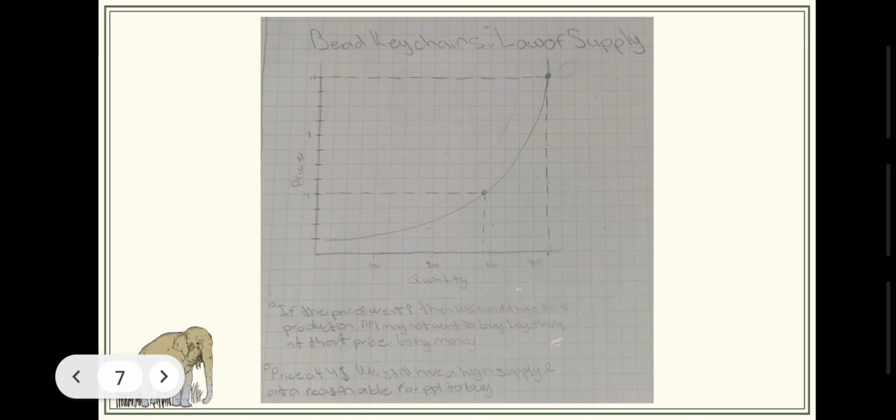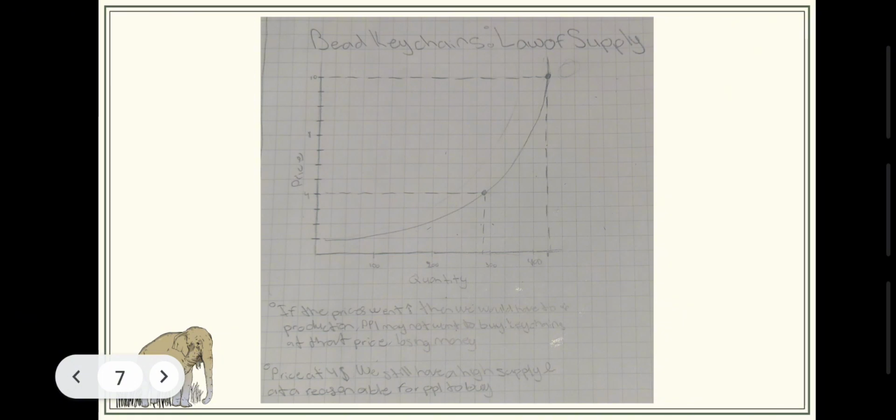And here is the law of supply graph, and as you can see, as the price increases, the supply will also increase. However, people may not want to buy the keychain because of how expensive it is, meaning that we will be losing money.